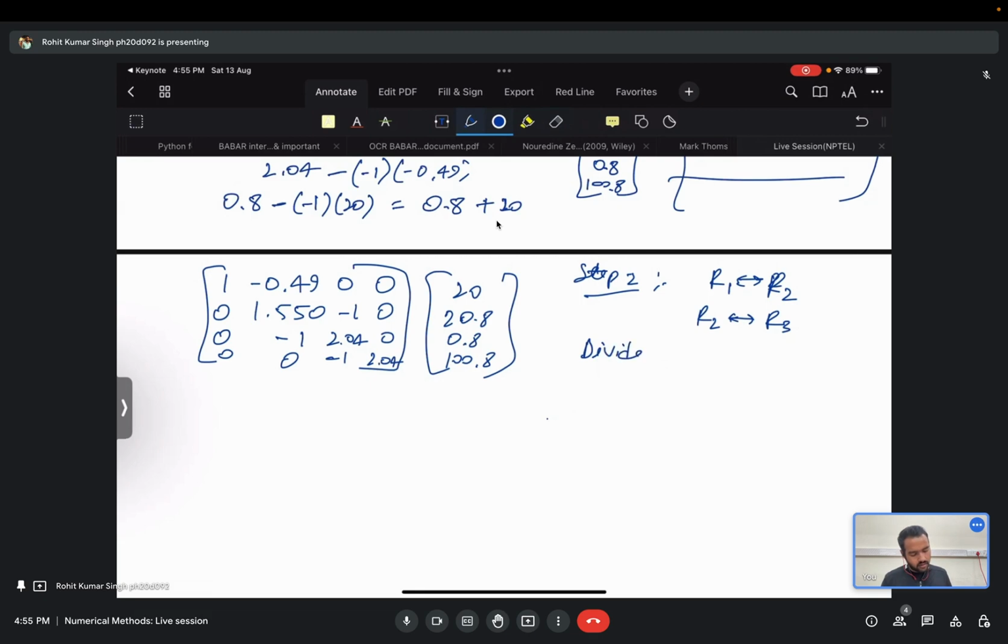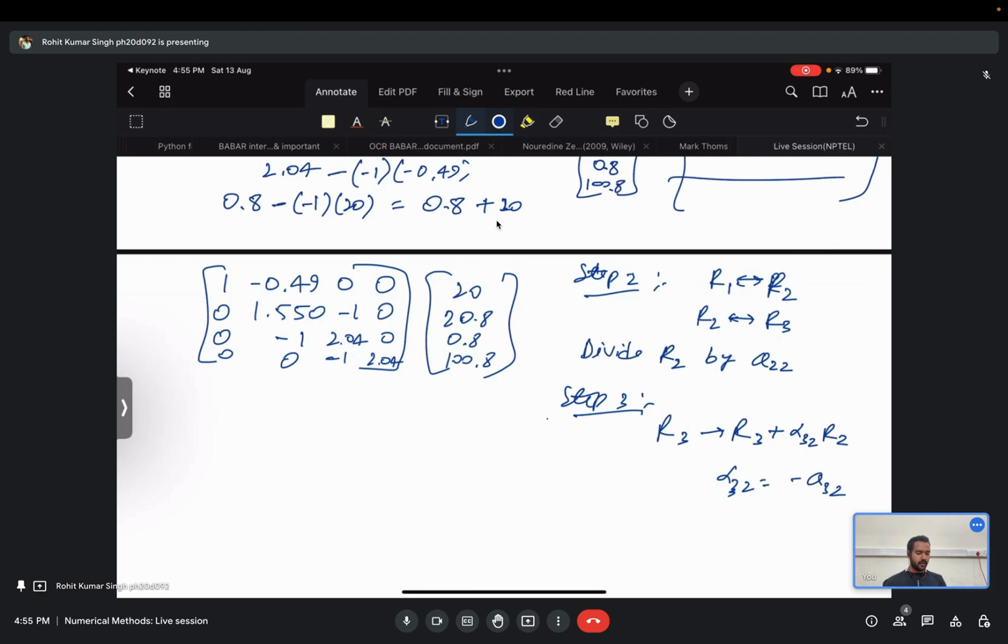Divide R2 by A22, and in step 3 you do this: R3 goes to R3 plus alpha 32 R2, where alpha 32 will be minus A32 like before.